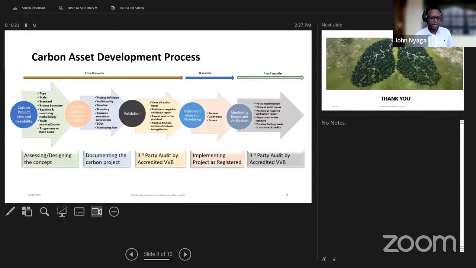The other one is you also identify the other sustainable development goals that you'll be contributing to. For example, I talked of food security. You have to define all those. And lastly, and not least, is the monitoring plan. You have to define how you are going to monitor the activities, how you are going to monitor emission removals and reductions over time. That is key, okay?